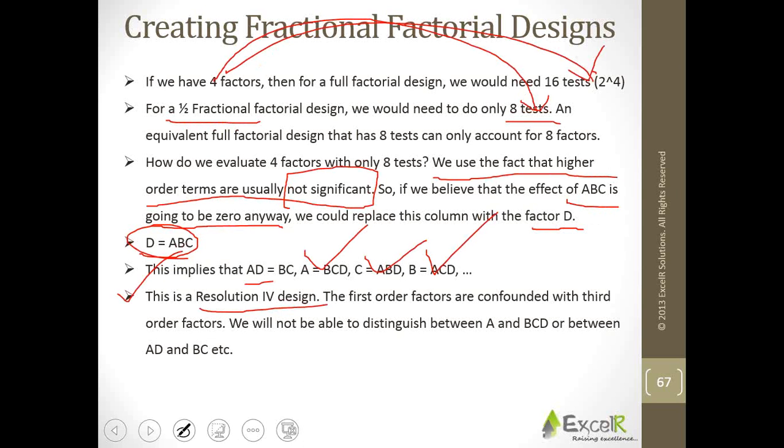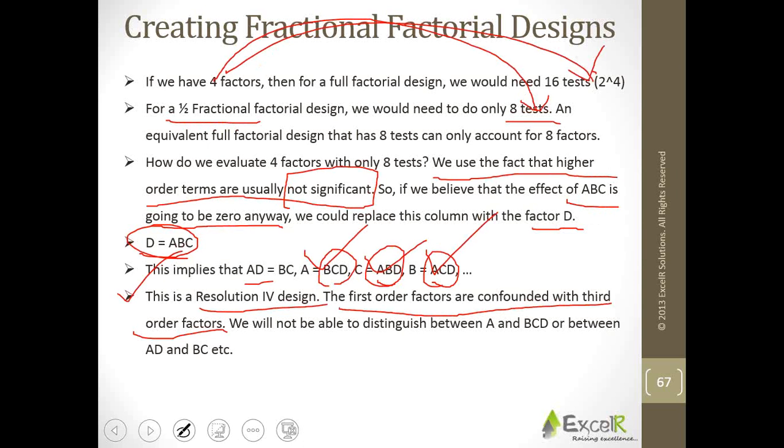These resolution designs we have learnt in the earlier classes, actually. The first order factors are confounded with third order factors. What is a third order factor? BCD, ABD, ACD. If you are combining all those 3 terms together, it is called a third order factor.